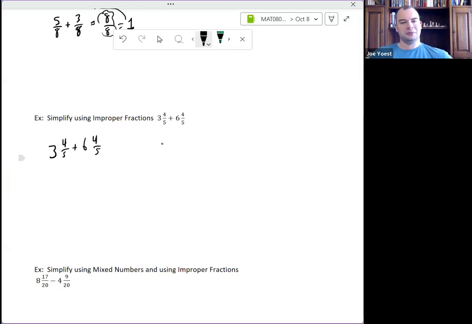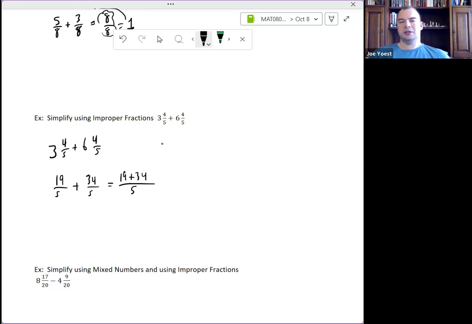5 times 3 is 15, plus 4 is 19. So 3 4/5 is the same as 19/5. 5 times 6 is 30, plus 4 is 34 over 5. 6 4/5 is the same as 34/5. But now I can just add the improper fractions. This is 19 plus 34 divided by 5.